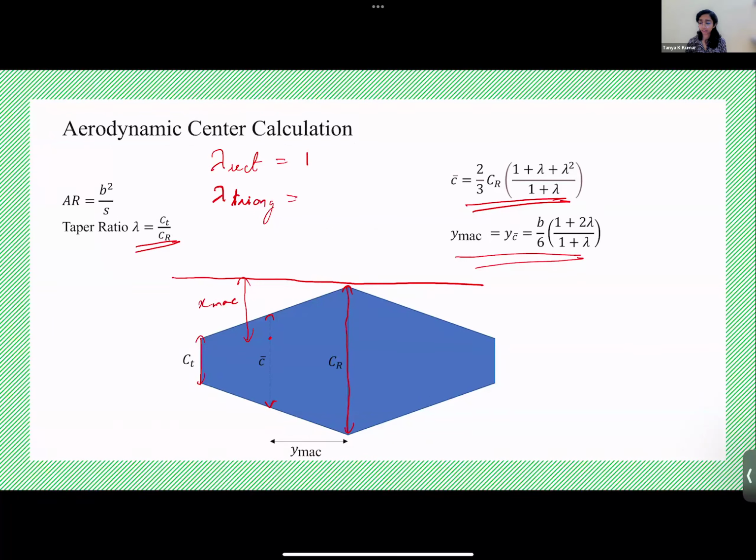What will it be for a triangular wing? 0, correct. So C bar for a rectangular wing, what will it be, using this formula? The taper ratio you have just found out. So what will the C bar, the length of the mean aerodynamic chord, for a rectangular wing be?